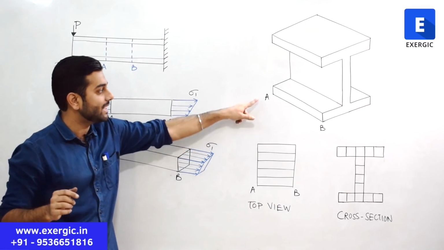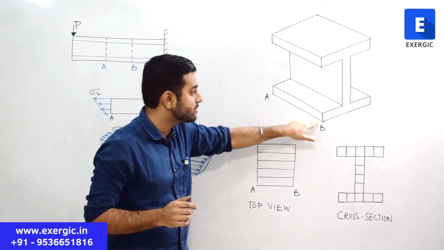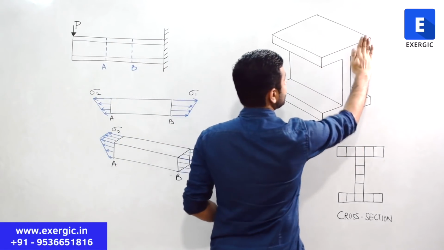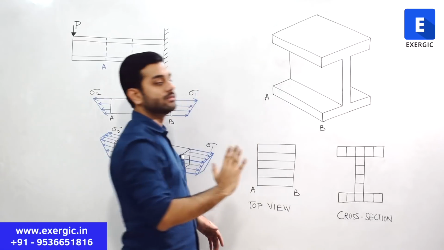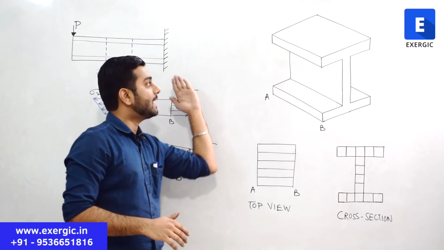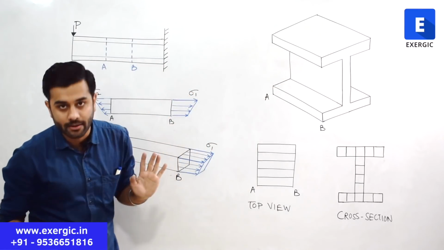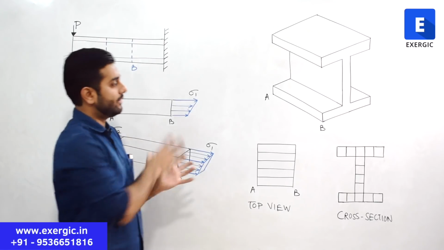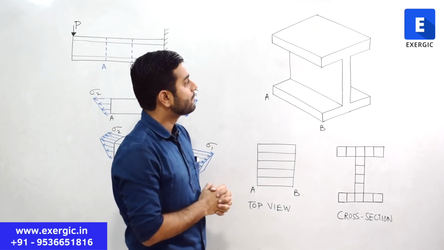So please note that A is not specifically this point or B is not specifically this point. This whole cross section is B, and at the back part of it, that complete section is section A. The same is true here also, everywhere. I will talk about all of them one by one.